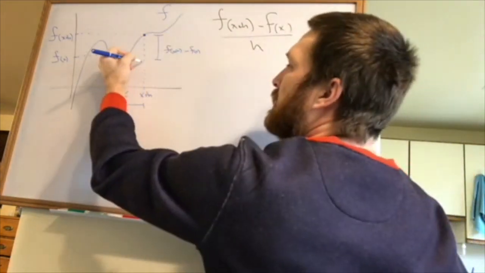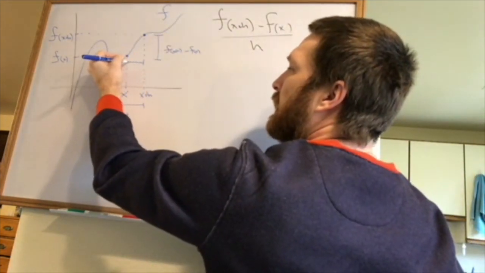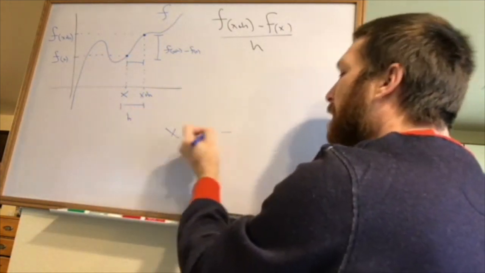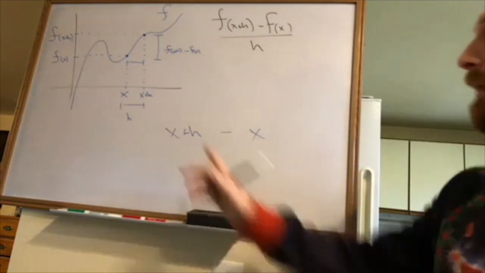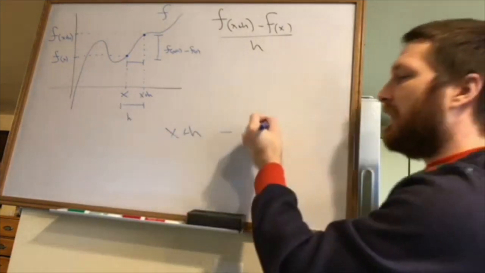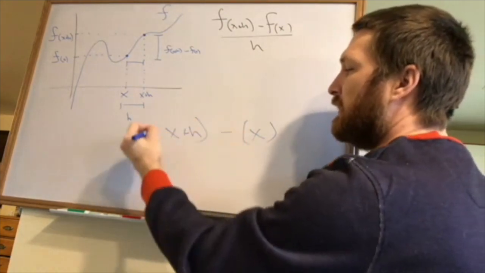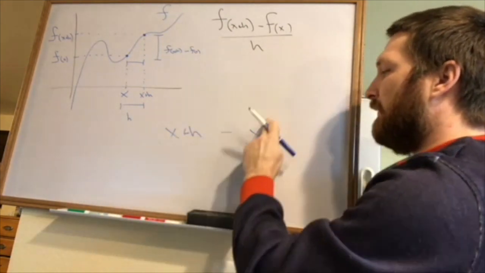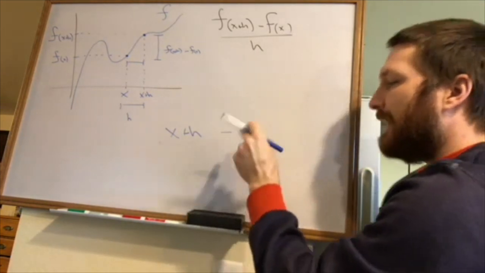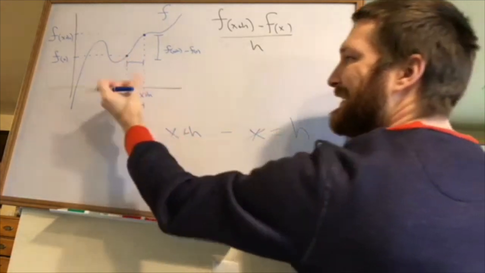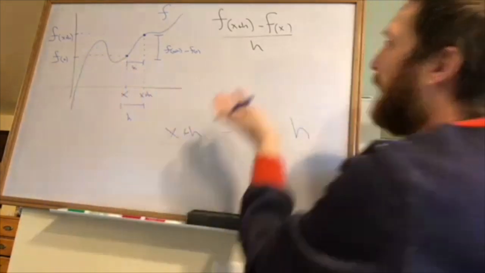The run is this distance from here to here, which we could call x plus h minus x, but I already said we went over a distance of h. So x plus h minus x is the same thing as just plain old h. That distance is h.